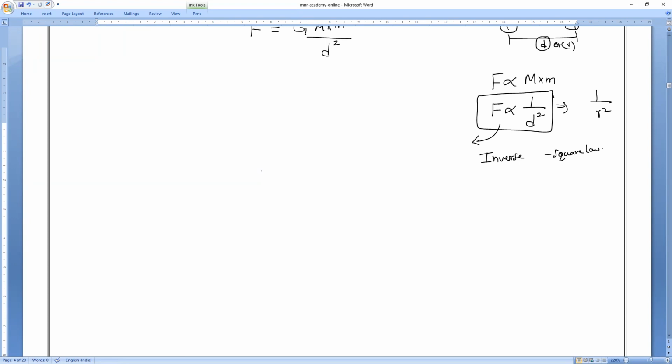The orbits around the sun are not circular, they are elliptical in shape. But Mr. Newton made some assumptions. Please remember, Newton made some assumptions for this deduction. Please keep the heading: inverse square law and its deduction.